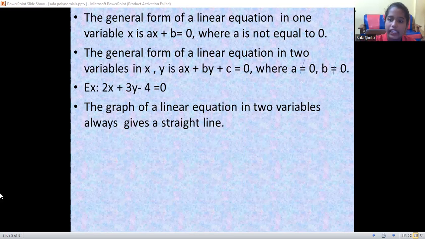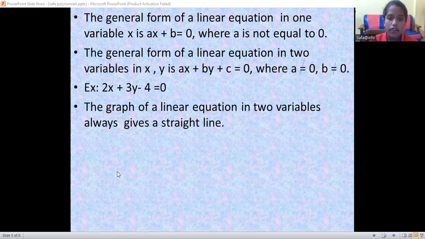If you take the example ax plus b is equal to 0, x is the one variable, and a and b are constants, where a is not equal to 0.